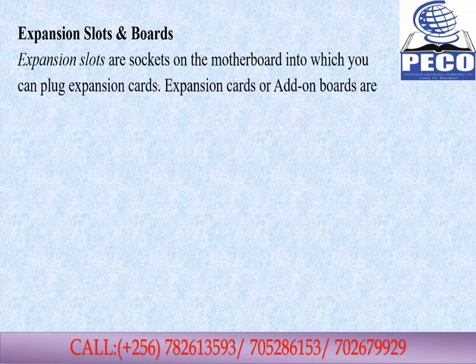I showed you that there are slots, and we call them sockets, which are there on the motherboard, where you can easily plug expansion cards. So these expansion cards we are talking about can be slotted into those sockets found on the motherboard. Look at the motherboard behind there.